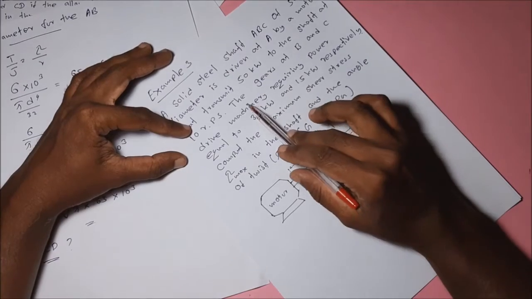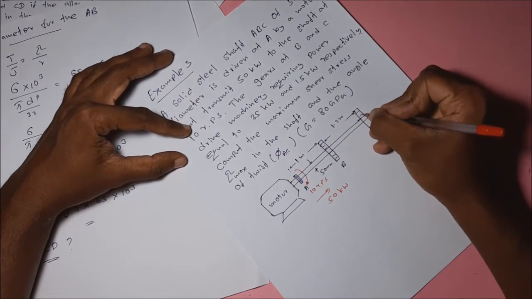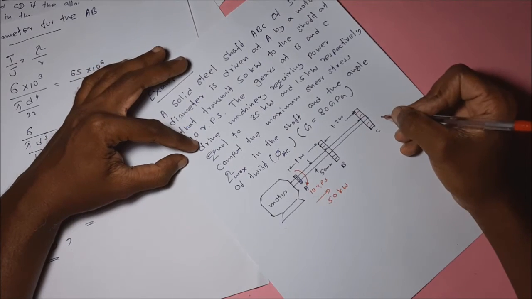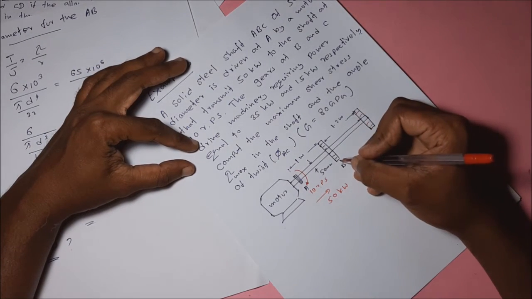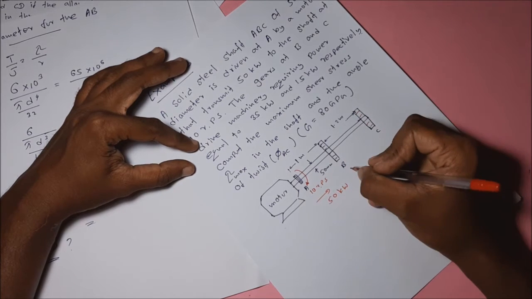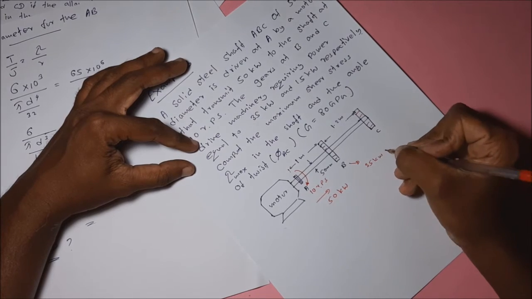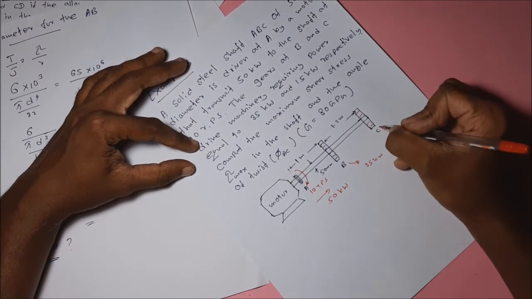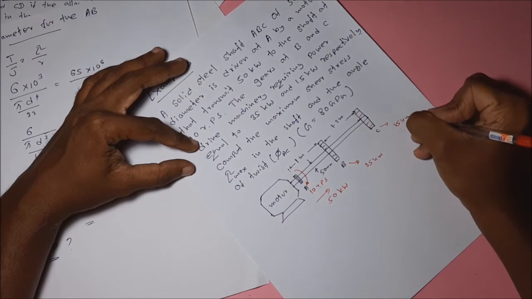Then the gears at B and C take out this transmitted power. B takes out 35 kilowatt, and C takes out 15 kilowatt.